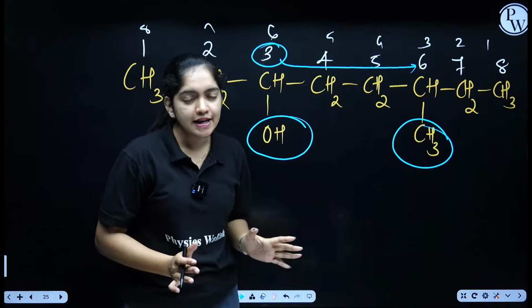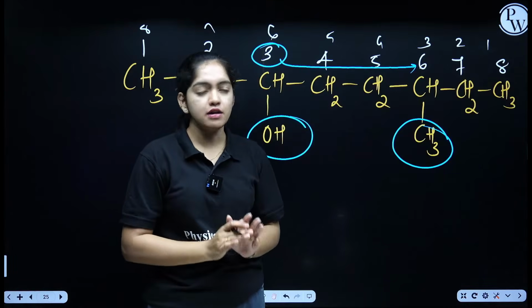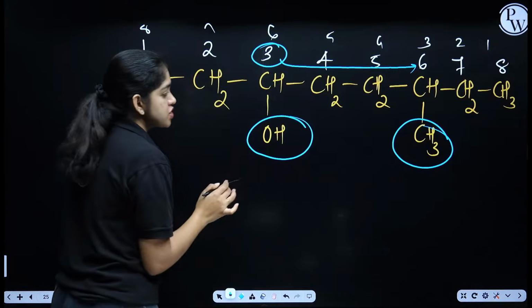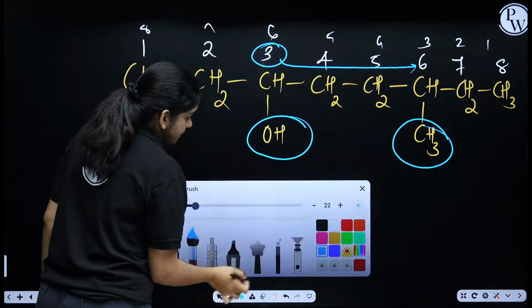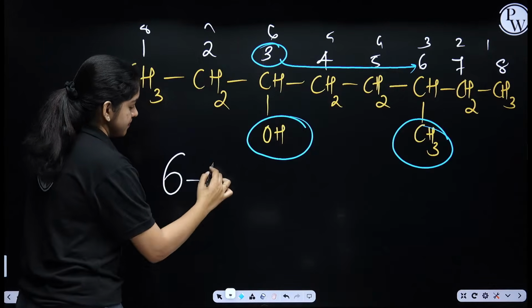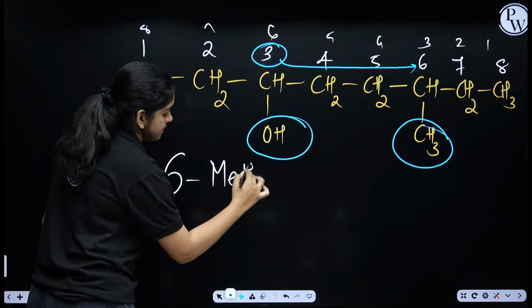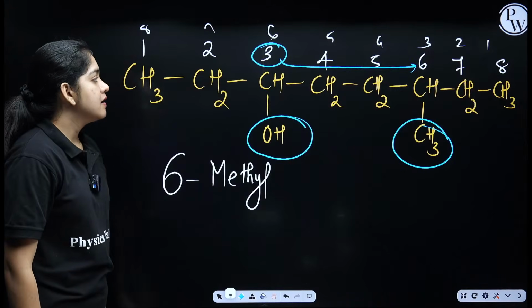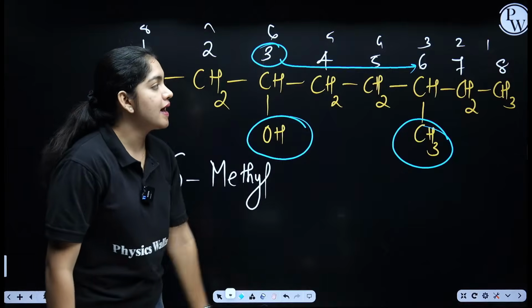While writing the name, the branch name will be written first. So, at the 6th position a methyl group is there. 6th position CH3 means what? A methyl group. So, first we write 6 hyphen methyl. Now write the parent chain. How many carbon atoms are there?